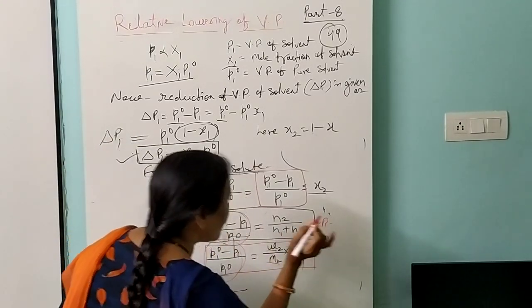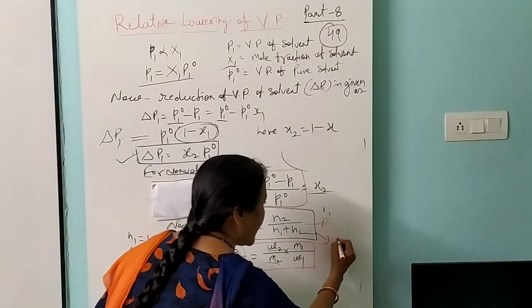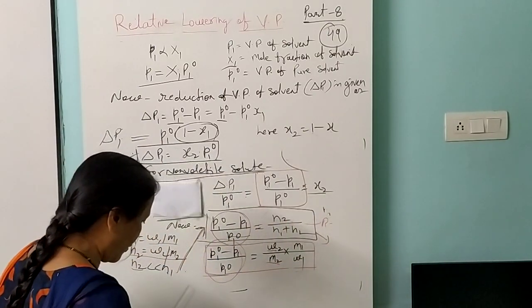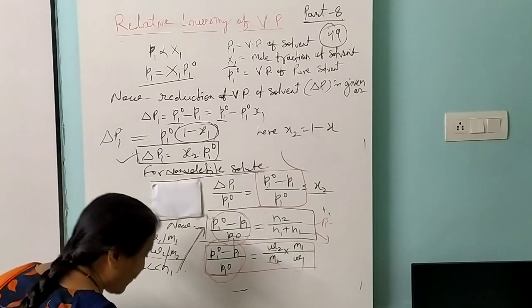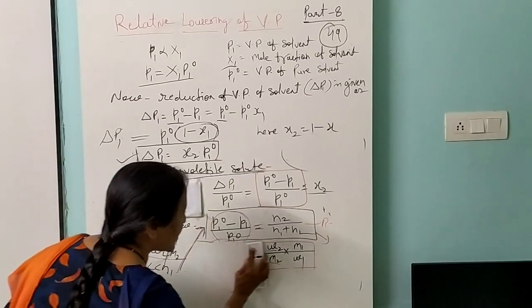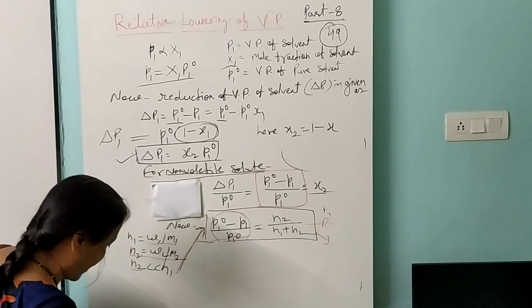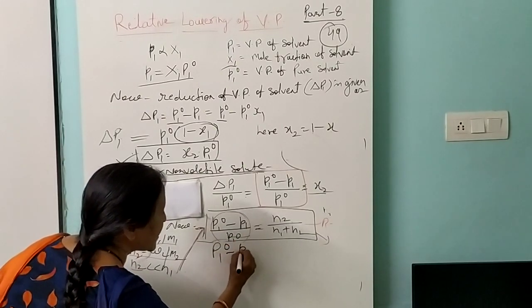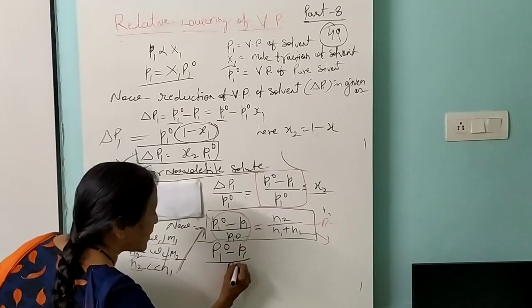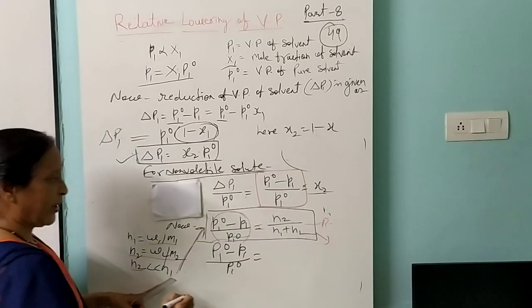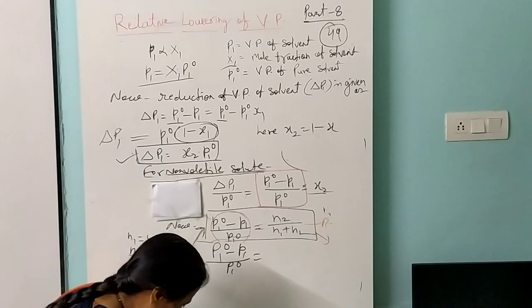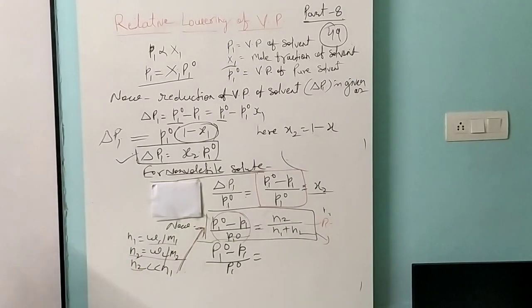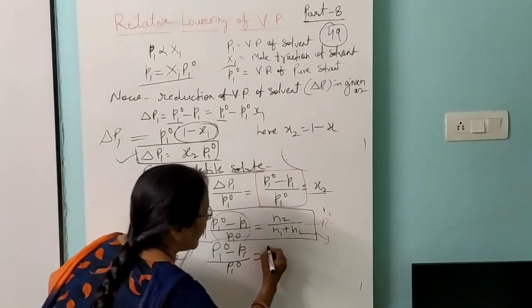Before that, student, one more step is coming here, and in that step, before writing the values, I will write (P1⁰ minus P1) upon P1⁰ is equal to n2 upon n1.